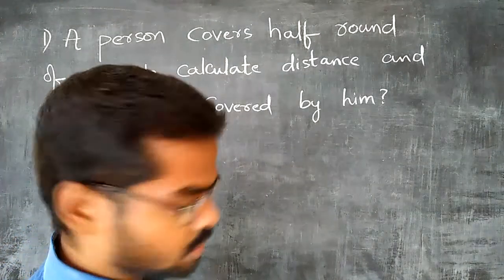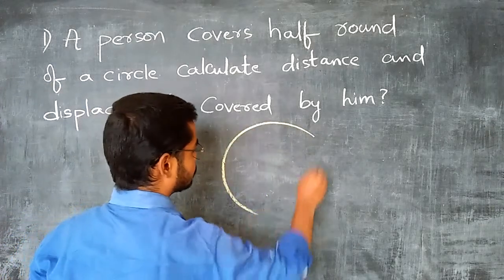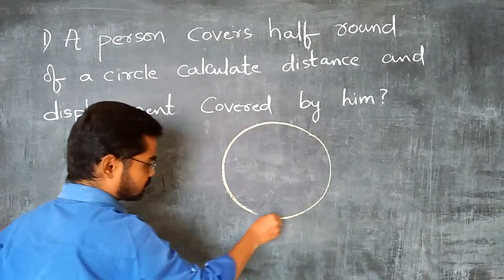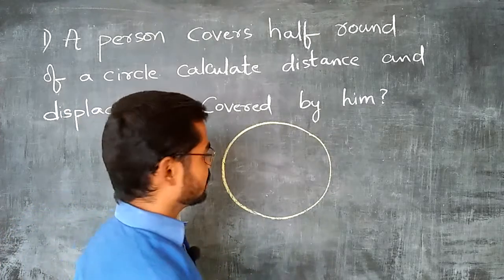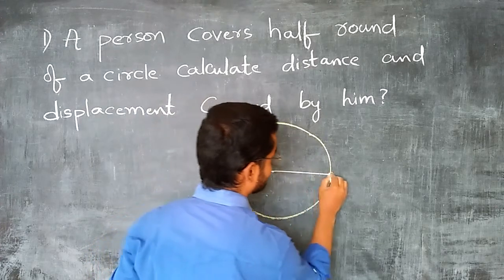So if I take a circular path, here the question is a person. Let me take the radius of this circle as r.